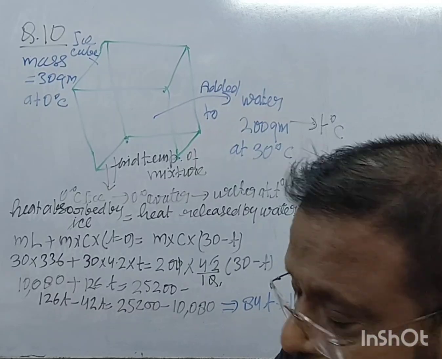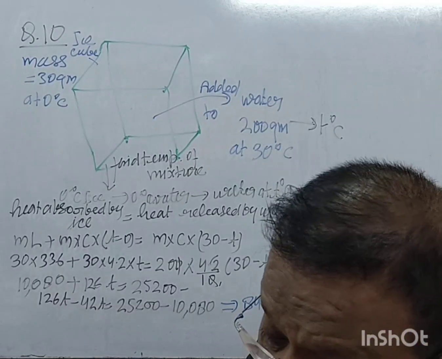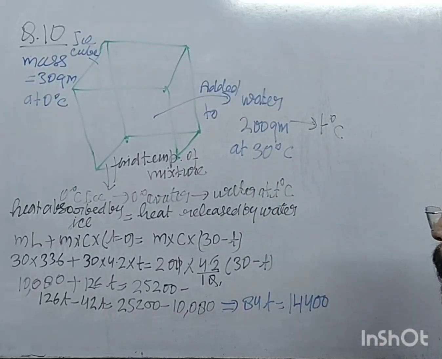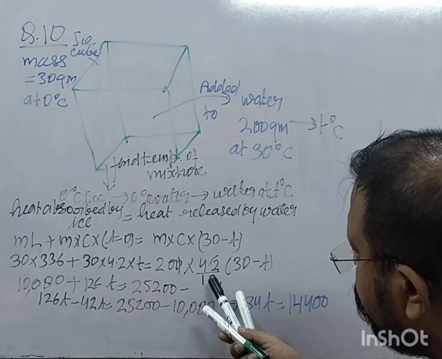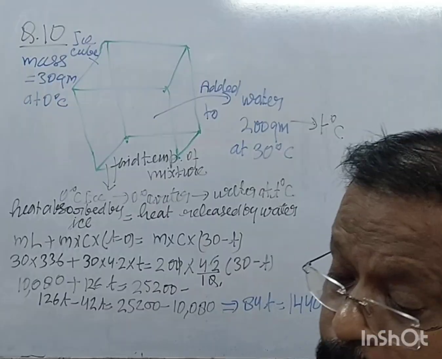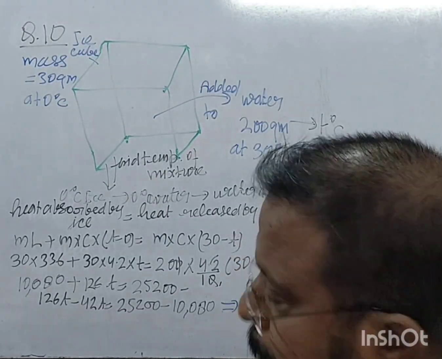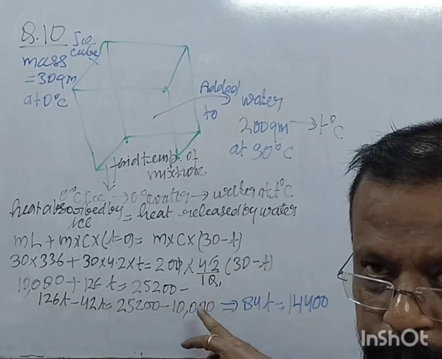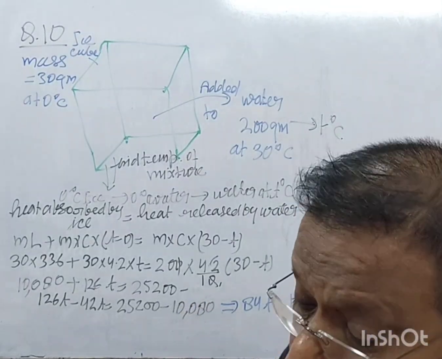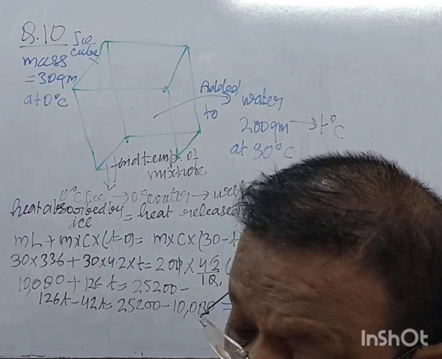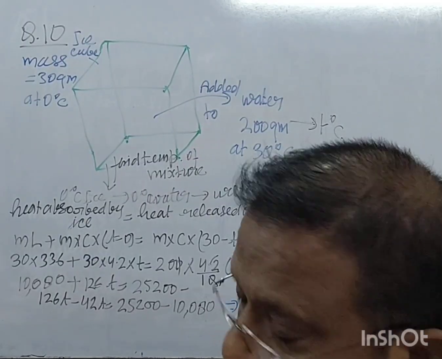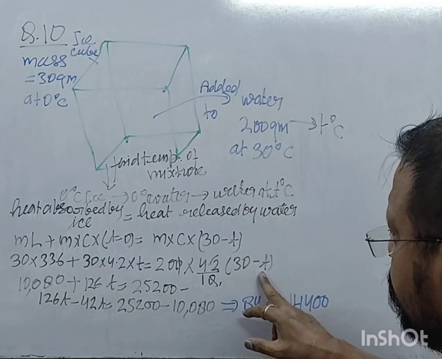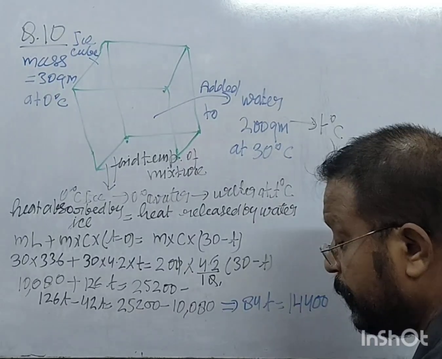This is how much? 200 into 4.2 is 840. This 840 multiplied by 30 is 25,200, and 840 multiplied by T becomes 840T.